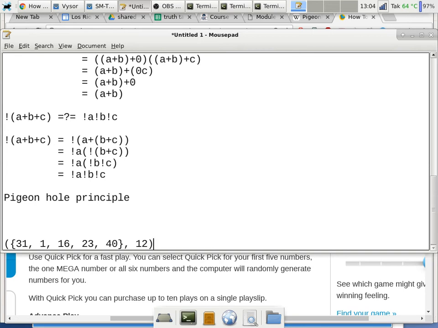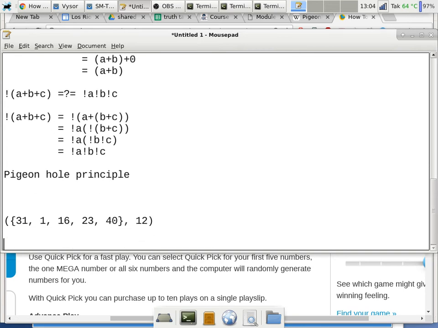So the first question is, how many different tickets can we have in total? Well, it's a two-tuple where the first item is a set. So I'm asking you, how many tuples are possible?